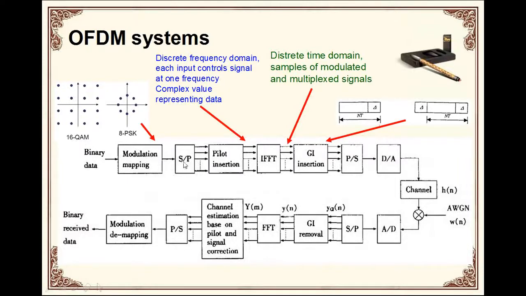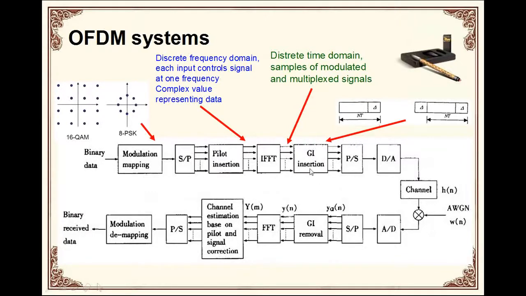The serial signal is transformed into a parallel signal. Pilot insertion is used here to ensure phase noise correction and frequency offset correction at the receiver end. IFFT is used here to transform the signal from the discrete frequency domain to the discrete time domain.